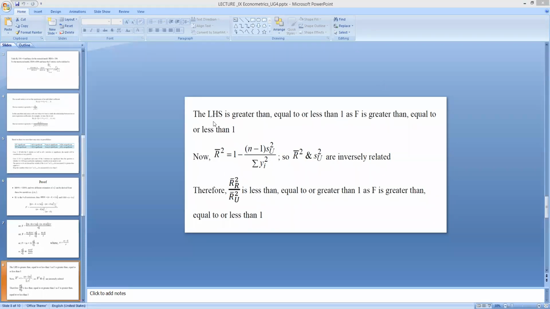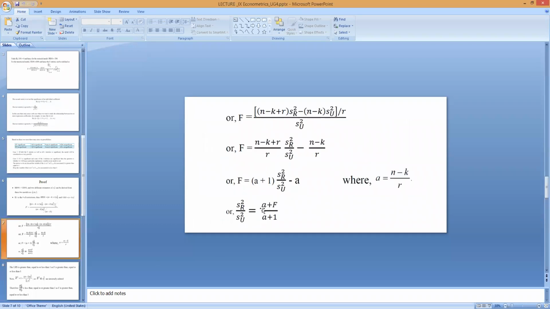Again, let's go back to the first line. The LHS is greater than, equal to, or less than 1 as F is greater than, equal to, or less than 1. So what is your LHS? LHS is SR square by SU square. SR square by SU square is greater than, equal to, less than 1 if F is greater than, equal to, less than 1.